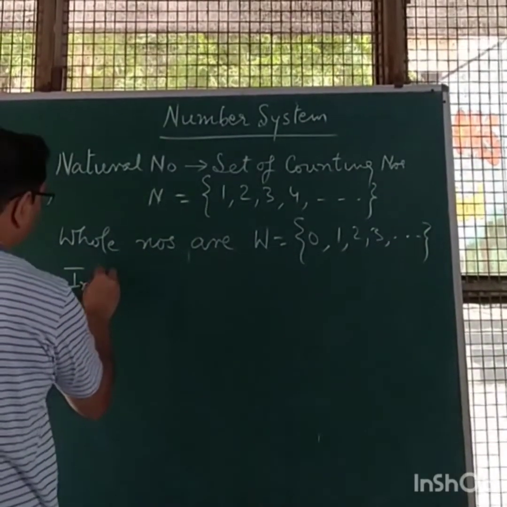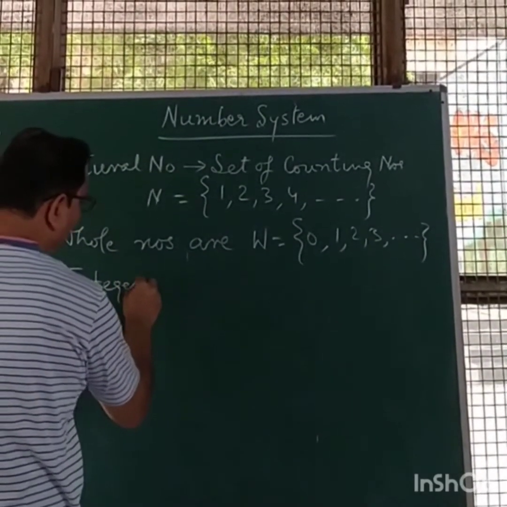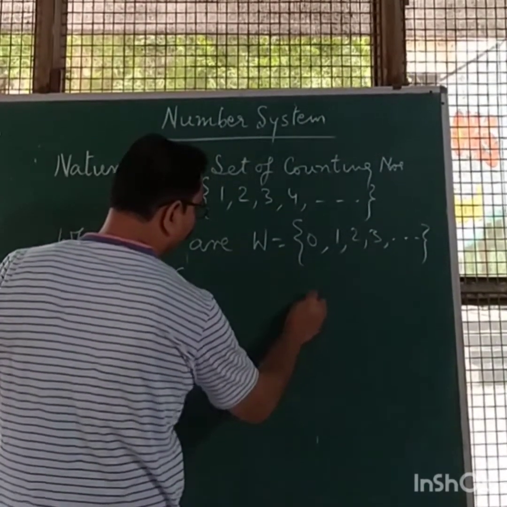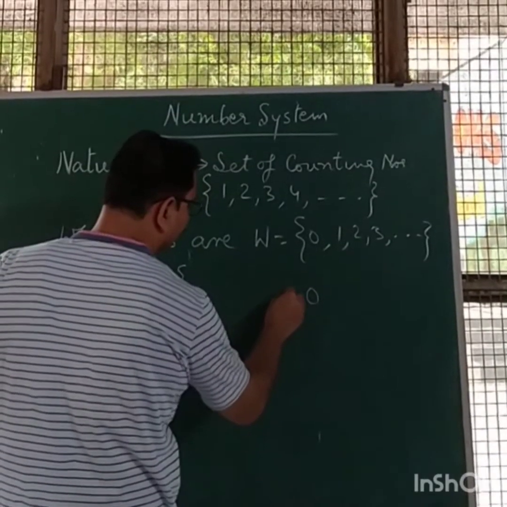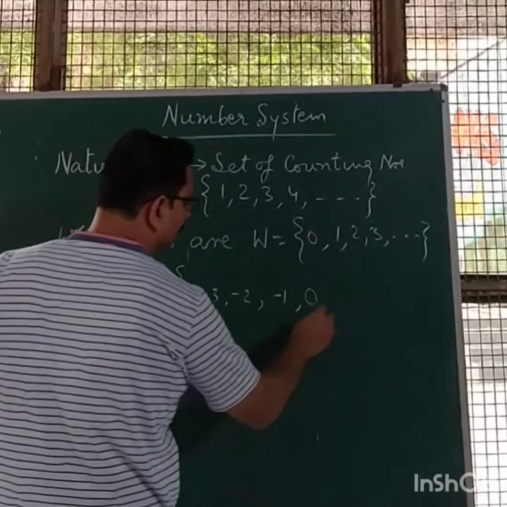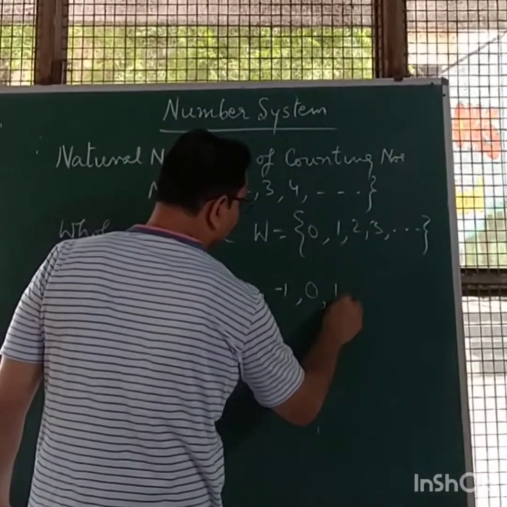Then integers, as I have told you, start from 0, with negative numbers on the left hand side and so on, and positive numbers on the right side.